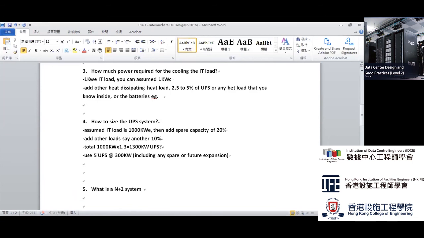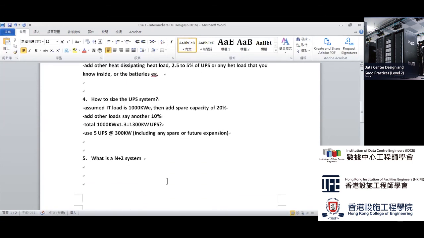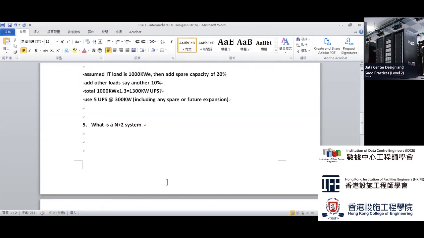Okay, so what is the n+2 system? I think we discussed about this before, right? So in the case above, actually, this looks like already an n+1.